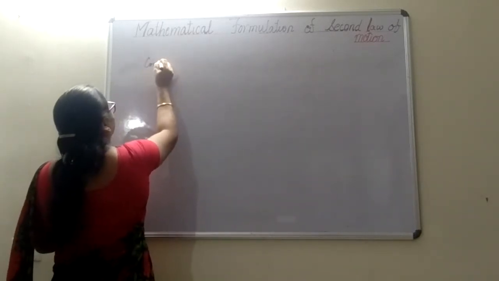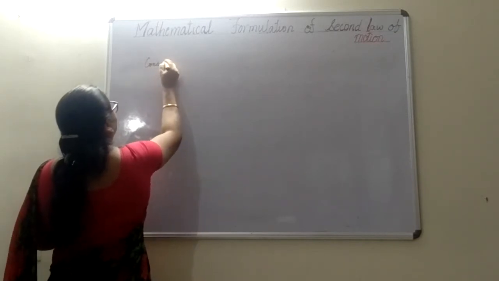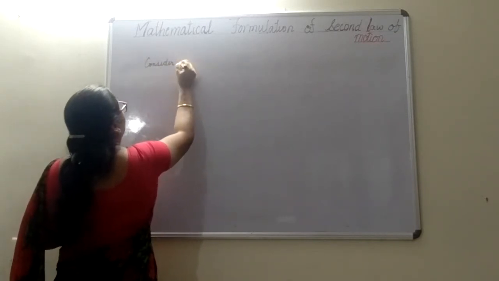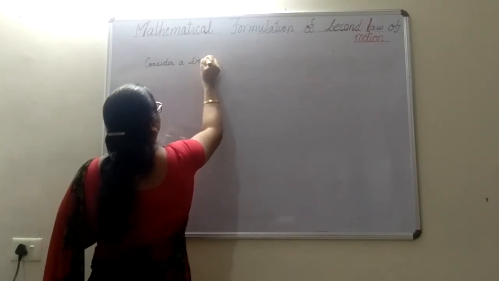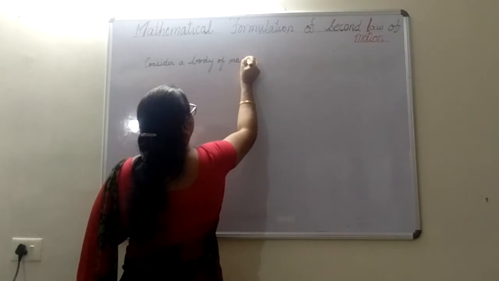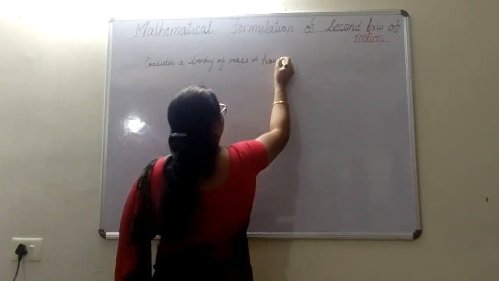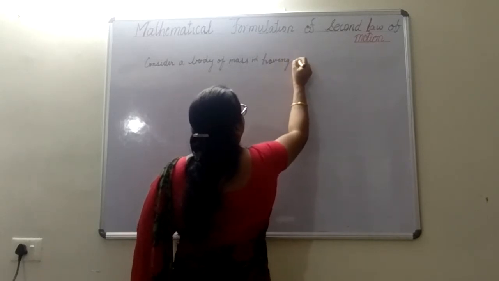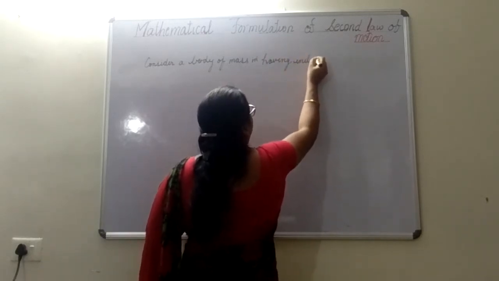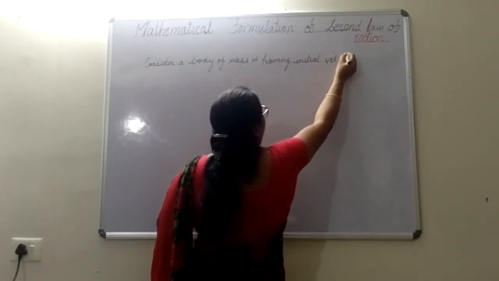Consider a body of mass m having initial velocity u.